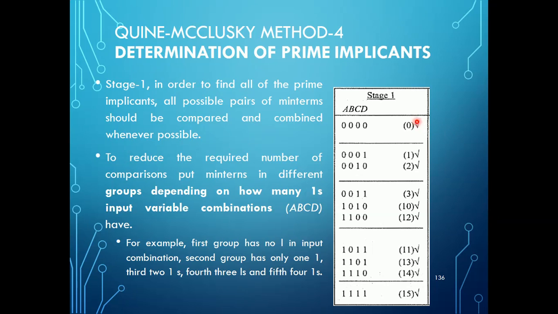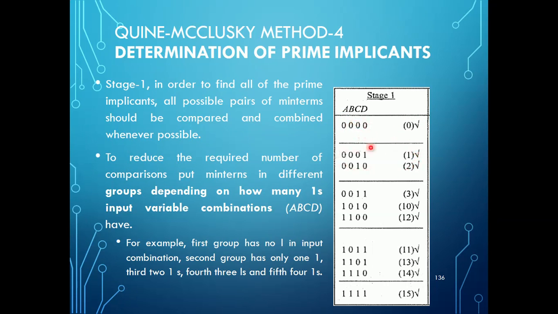Your min terms may start from 0, 1, 2, 3, 4, 5, 6, some numbers, but you have to group them according to the number of ones. Groups depend on how many ones the input variable combination has. That is what you have to see in the first stage. We have grouped min term 0 in group 0, that is, number of ones is 0.